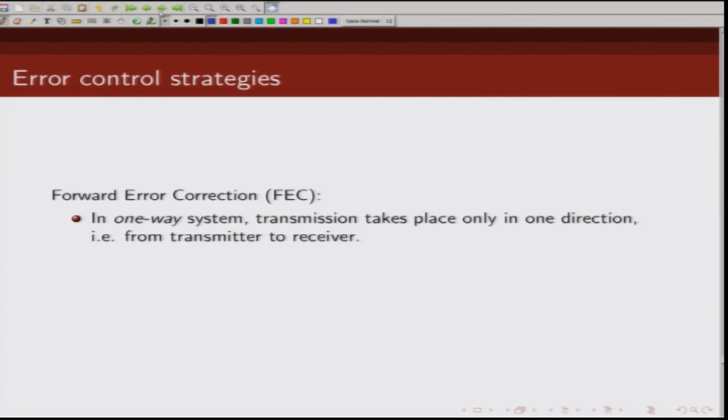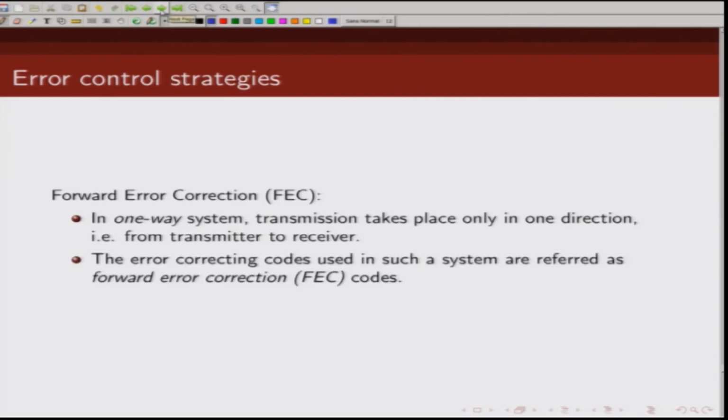In those systems, the error correcting codes that are used are known as FEC. So, when you hear this term FEC code, it basically means an error correcting code used when we are using transmission one way from transmitter to receiver.